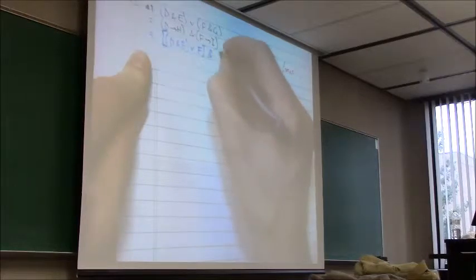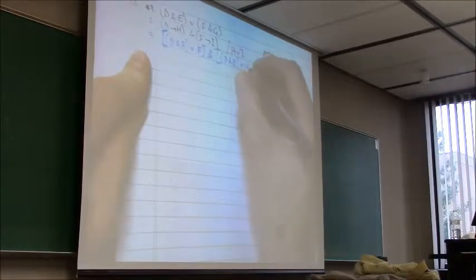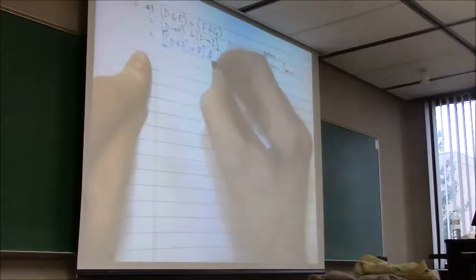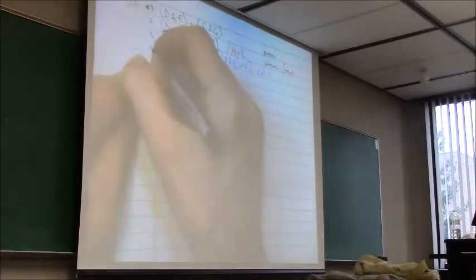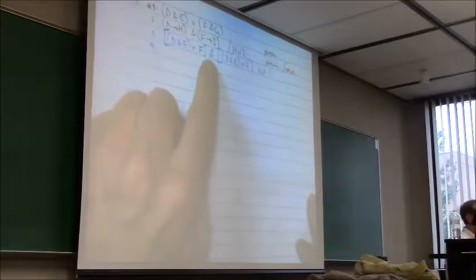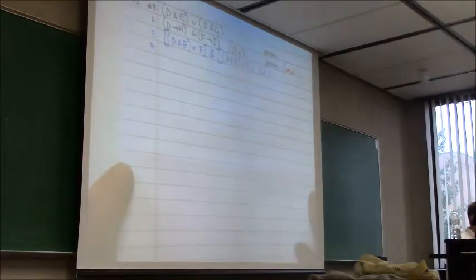And D and E or G. Now, this was by distribution to line 1. The advantage of this is it's a conjunction. What can you do with conjunction? Simplify them. Which side do I want? Do I want the left side or the right side? The left side. Why do I want the left side?